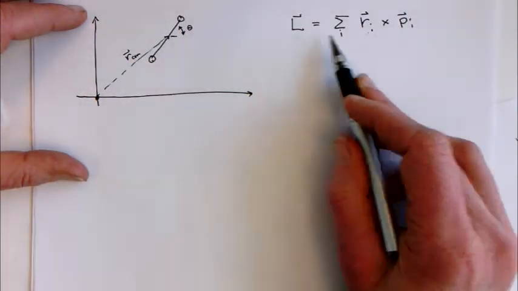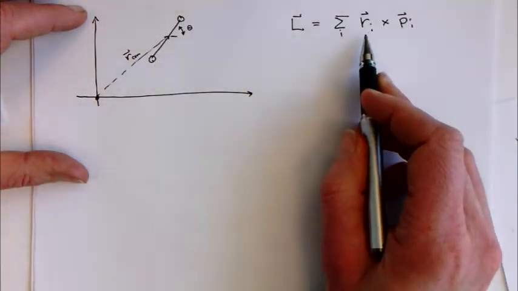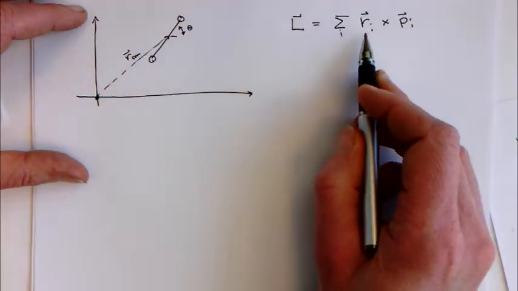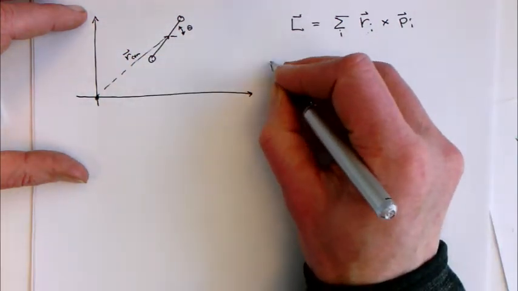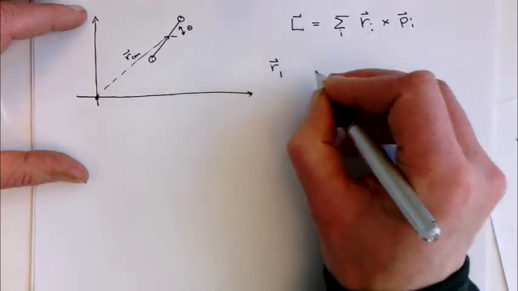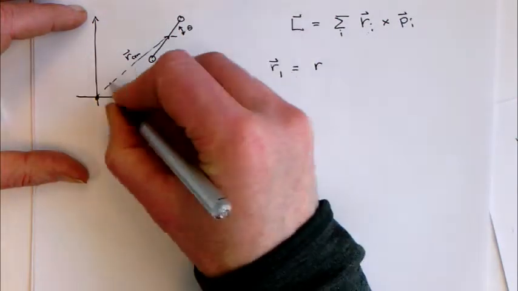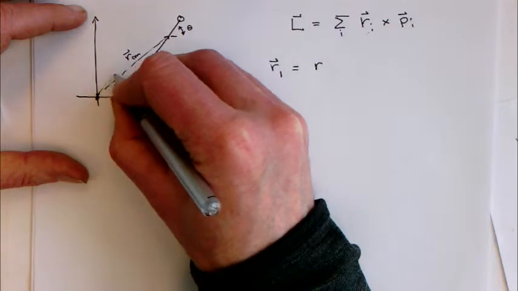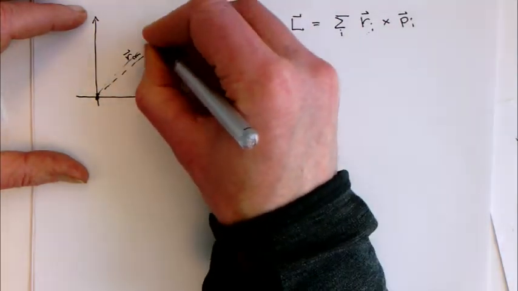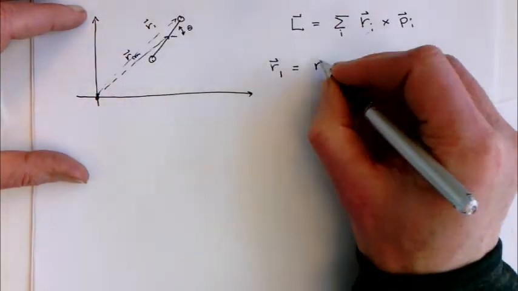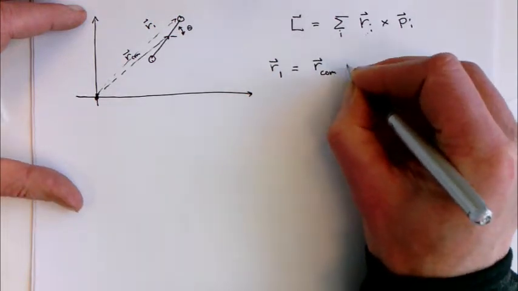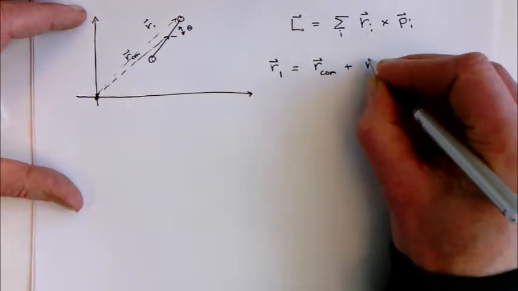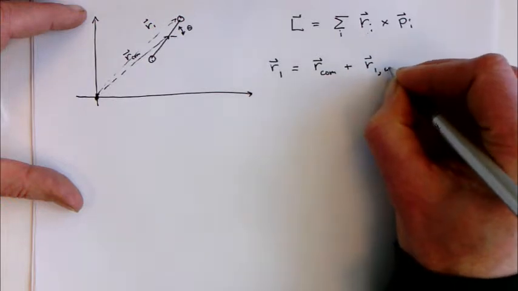Okay, so with that in mind, let's come back and think about how we are going to write down these R's and these P's. Well, the position of the first mass I will write down as the vector that goes from the origin to this mass. I'll call that R1. And I'm going to break that down into the position of the center of mass plus R1 with respect to the center of mass.